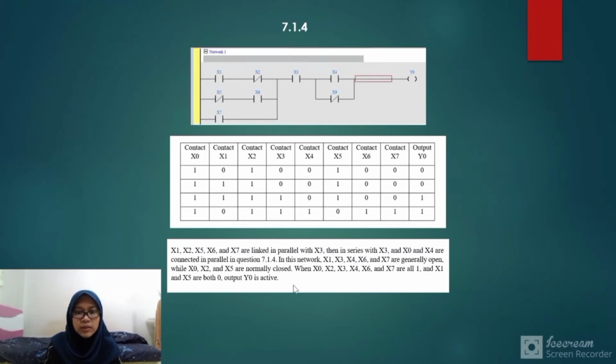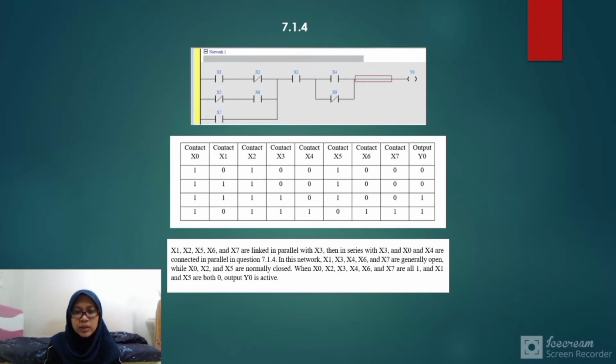What we can observe from this question is that S1, S2, S5, S6, and S7 are linked in parallel with S3. Then in series with S3, and S4 and S0 are connected in parallel.